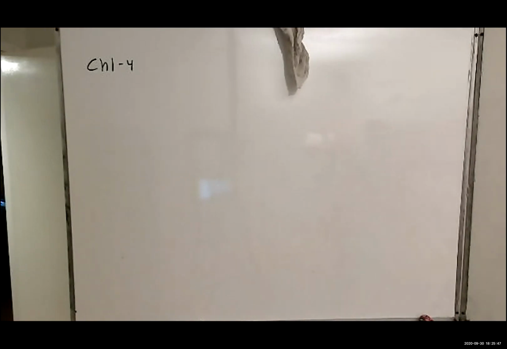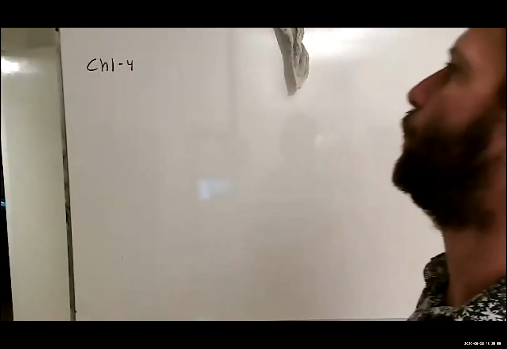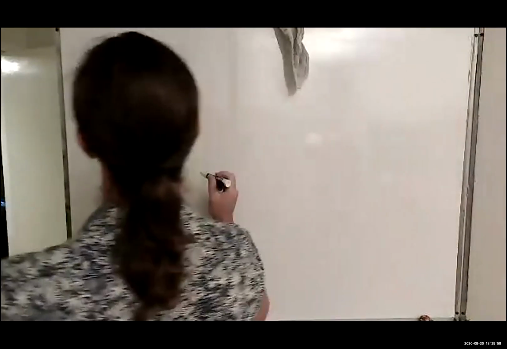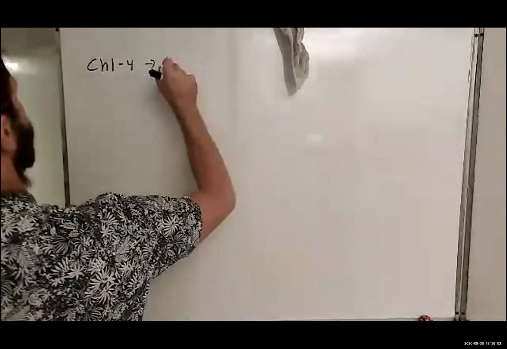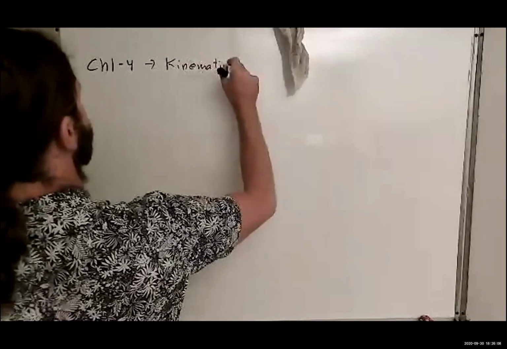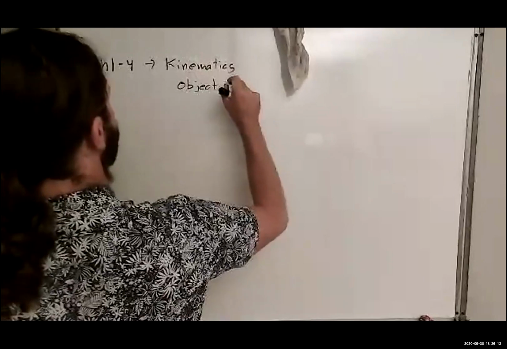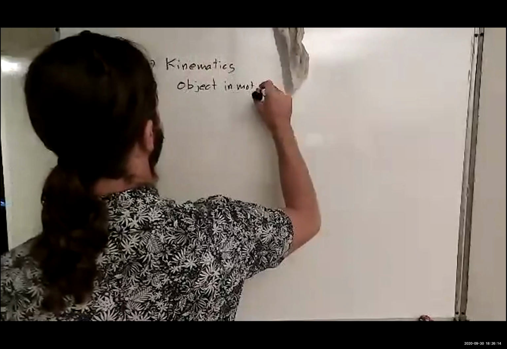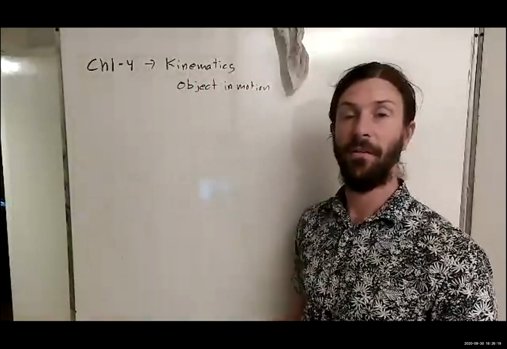Okay, so, overview of the quarter, like I was saying. Chapters 1 through 4 are mostly focused on what we call kinematics, and maybe I'll just call that objects in motion. That's the main idea of kinematics.